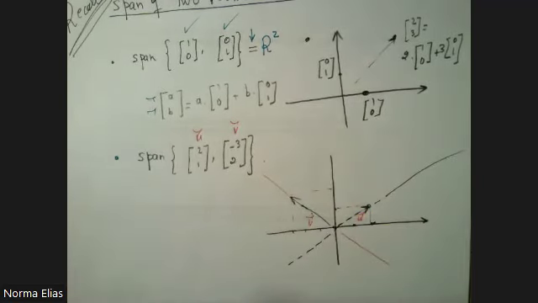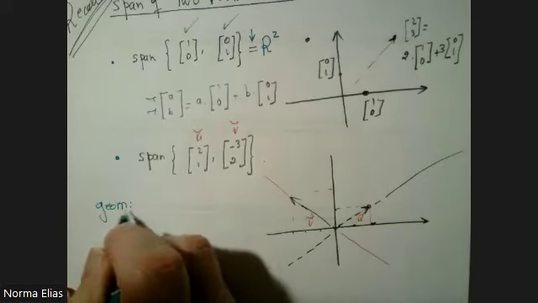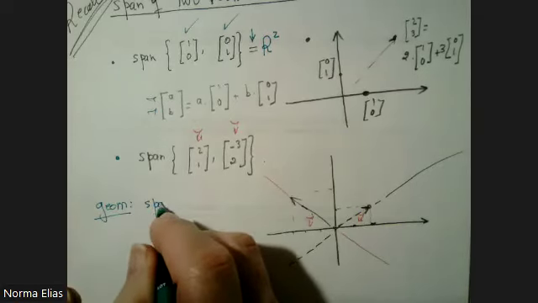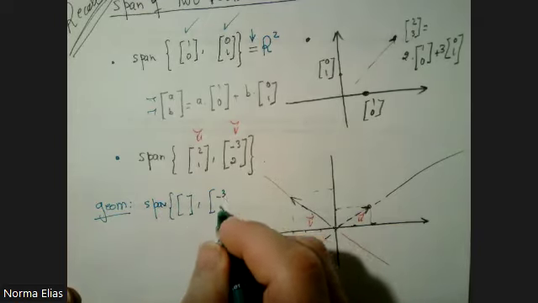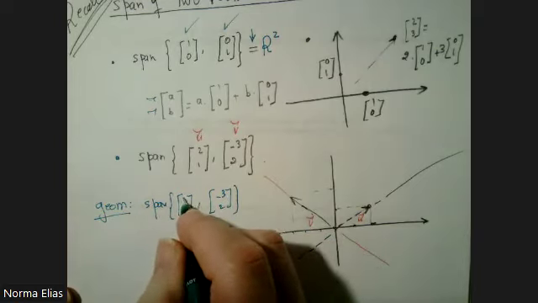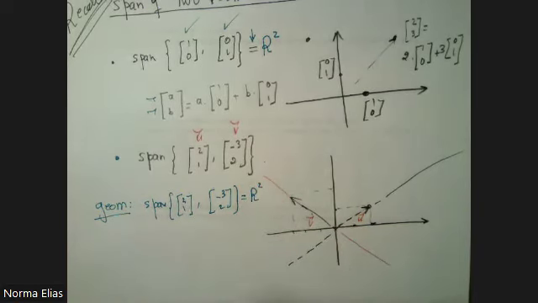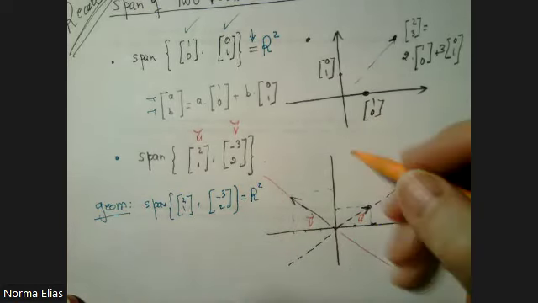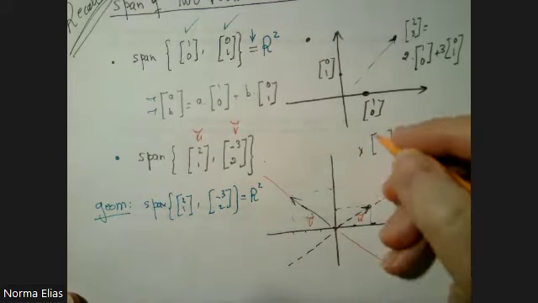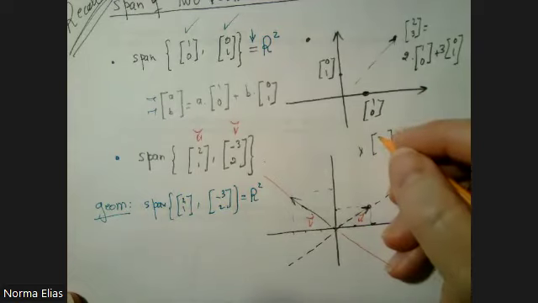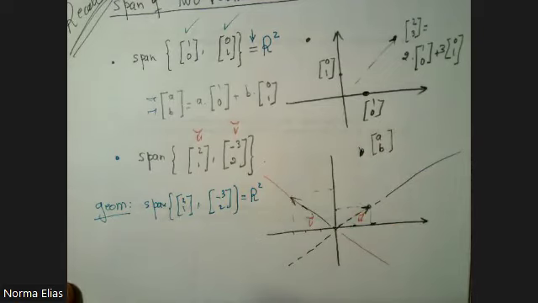My question was the following, and I think I assigned homework along these lines. Geometrically, at least, is the span equal to R2? What do I mean by that? It means if you take any ordered pair of numbers, any A and B, doesn't matter what they are, can I write them as a linear combination?